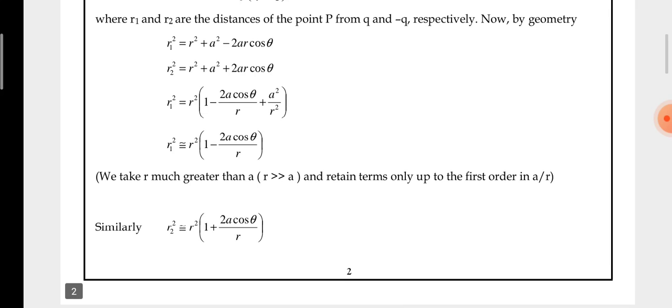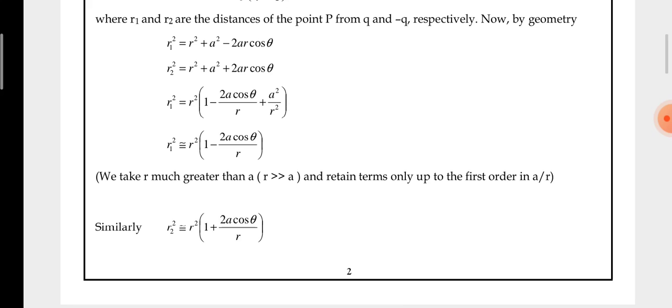Now by the geometry, which I have explained in your video class, r1 squared is r squared plus a squared minus 2ra cos theta, and r2 squared is r squared plus a squared plus 2ar cos theta. The only difference is that for r1 a minus comes, and for r2 all are pluses.